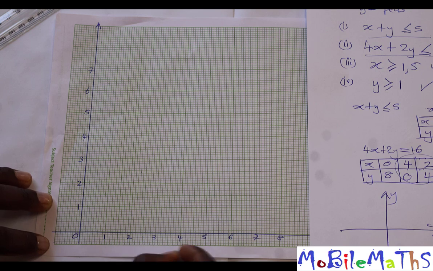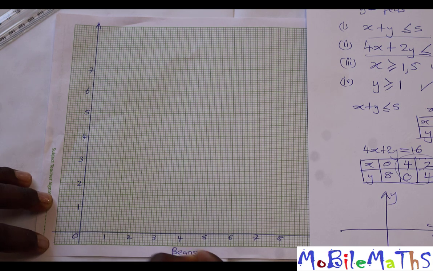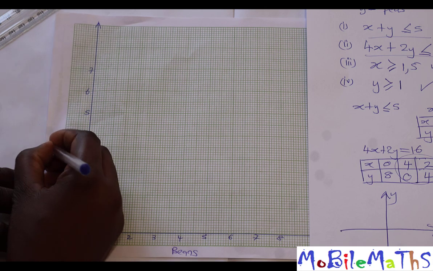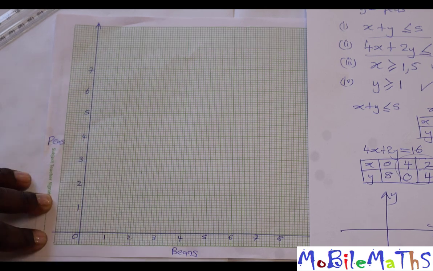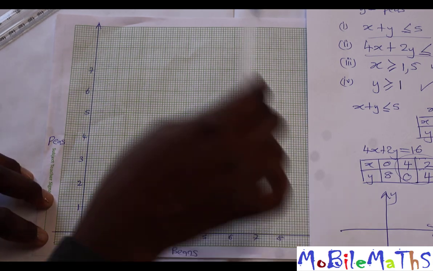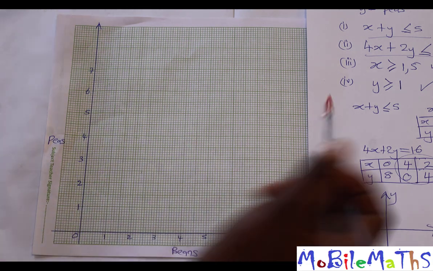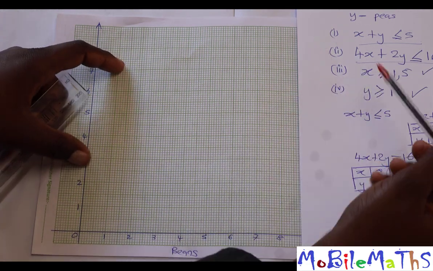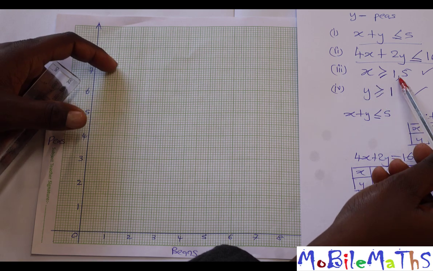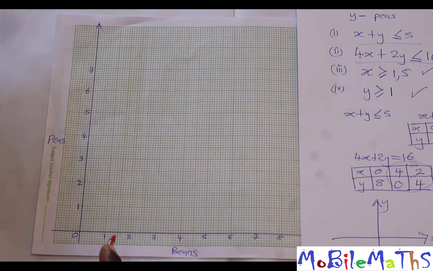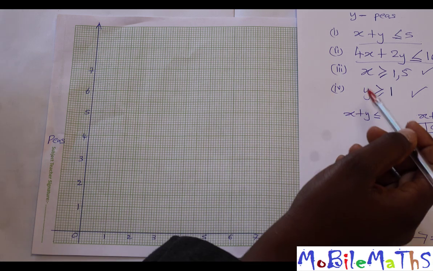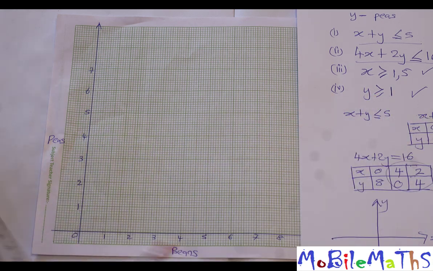Then on the horizontal, it's beans, and on the vertical, it's peas. Then the first line we have is y is greater or equal to 1, so that's my first equation.